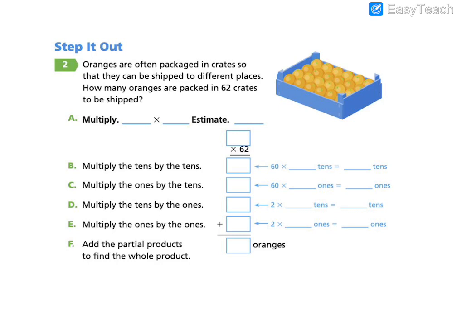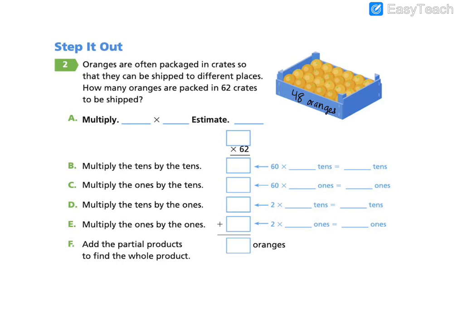All right, number 2. Oranges are often packed in crates so that they can be shipped to different places. How many oranges are packed in 62 crates? Okay, in your book, you should be able to see that this says 48 oranges on it. I don't know, mine isn't showing on this page, but you should be able to have that label in your book, 48 oranges.